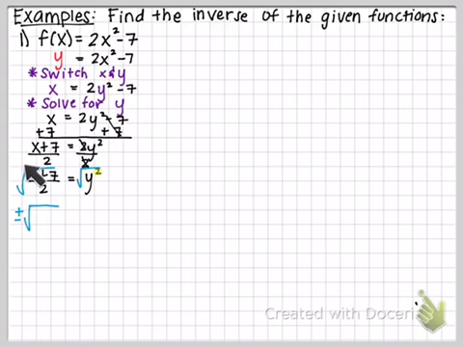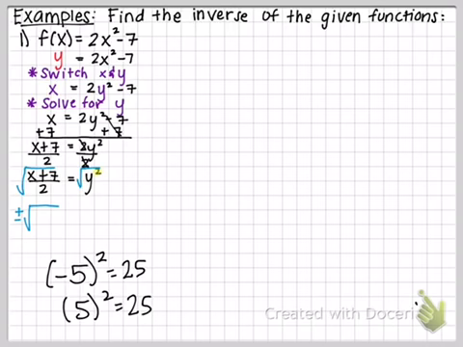But when we take the square root of a function, we need to make it plus or minus. The reason for that is because if we square a negative, it turns into positive, right? Like if we had -5 squared, isn't that positive 25? And if we have 5 squared, isn't that also positive 25? So that's why when we take the square root, like if we were going to square it again, we'd get the same number no matter if it was negative or positive, because when we square anything, it's going to be positive.